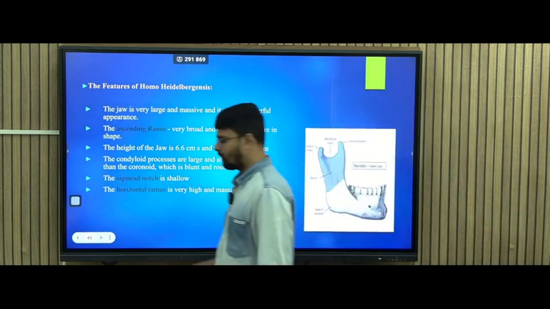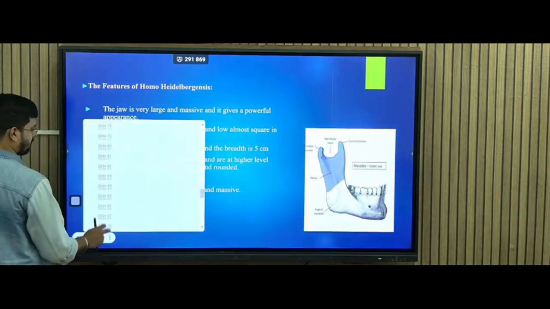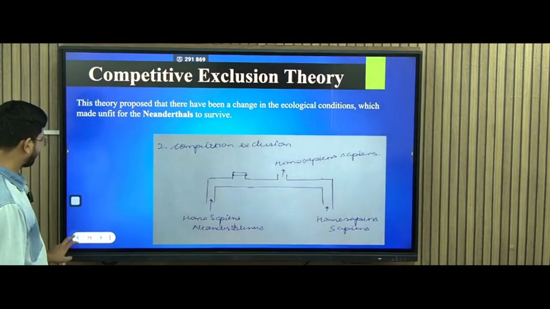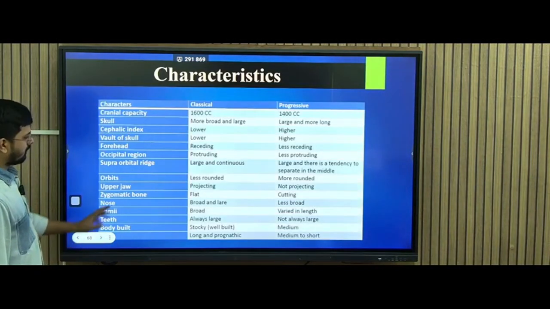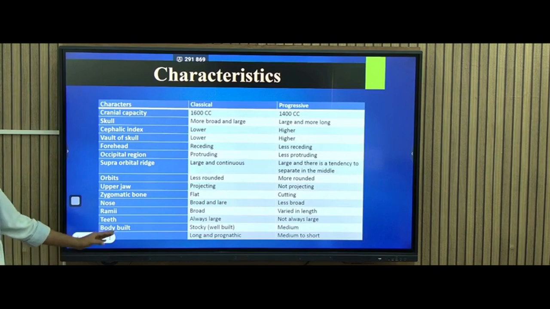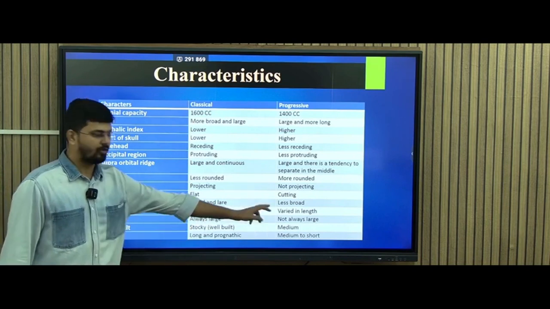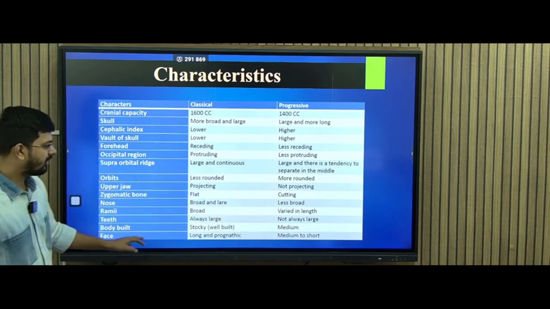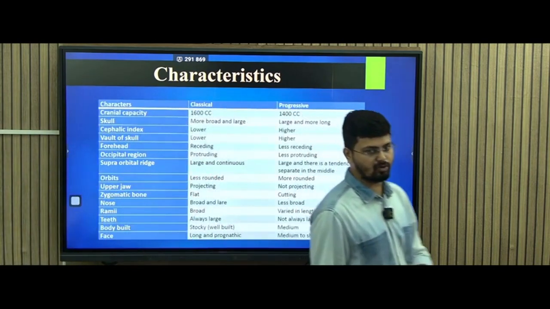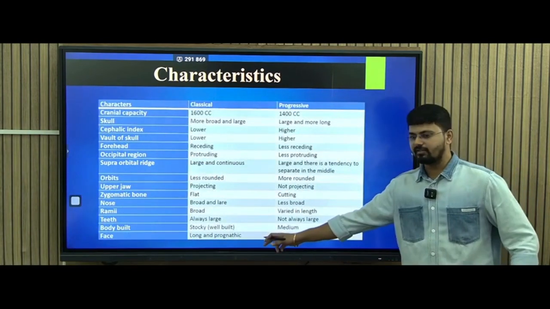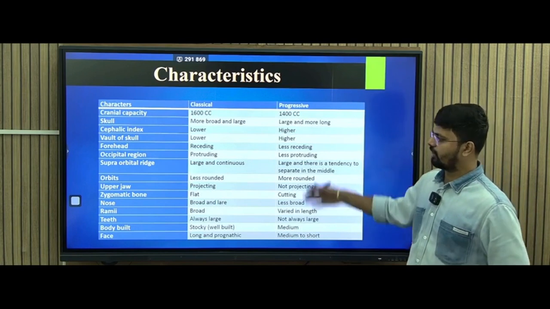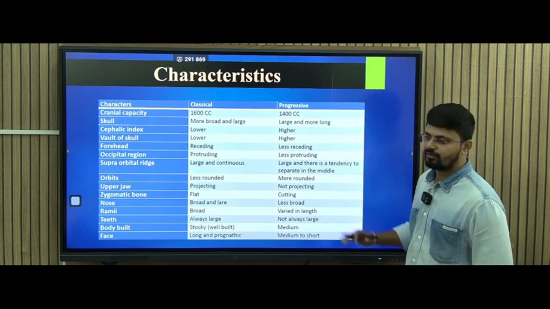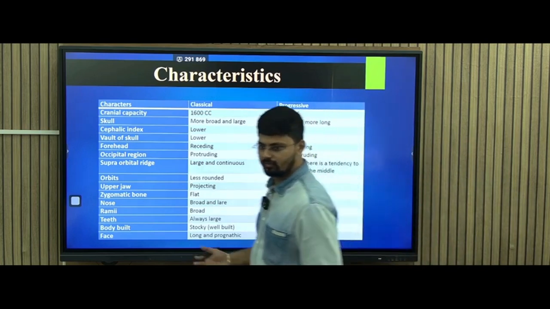So this is ramus. And if you can see the teeth, here it's large in classical variety. And then body built, it is medium, because humans are medium, they are more closer to us. And then you have face, which is long and prognathic, here it is medium to short. So overall what you can say is that progressive variety is more closer to humans.